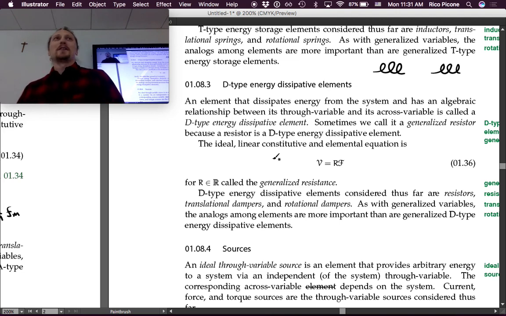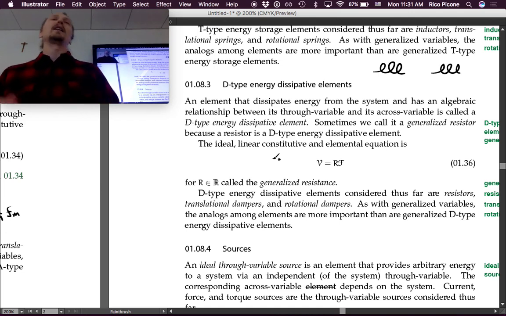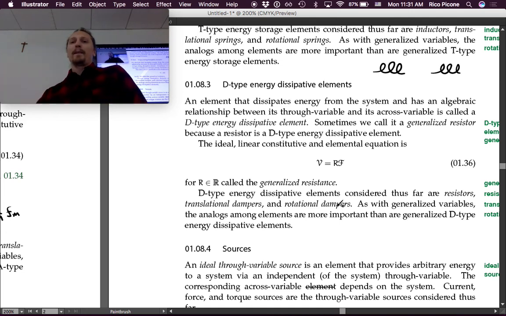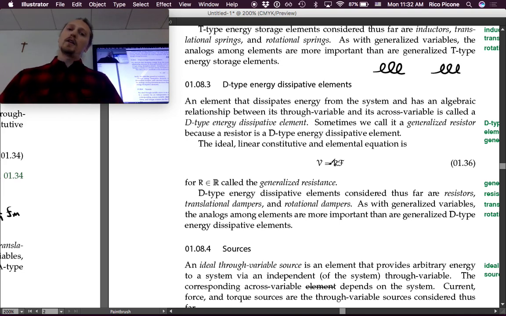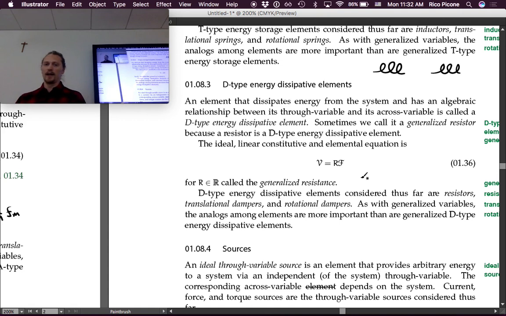Other ones are dampers, rotational and translational dampers. They dissipate energy from the system, in both cases into heat. So for the constitutive and elemental equation, we have that the across variable is equal to R times the through variable, where R is called a generalized resistance. It's some constant for a given element.